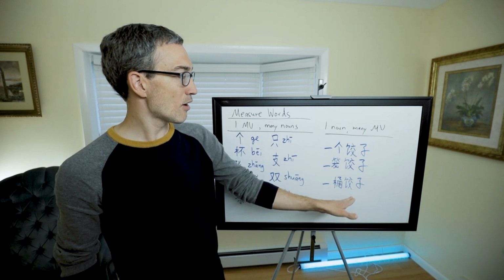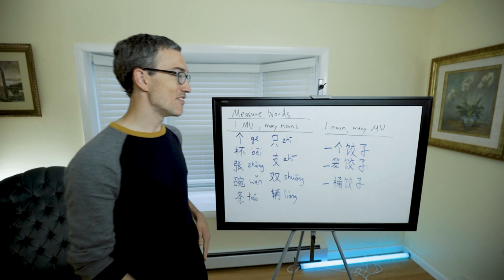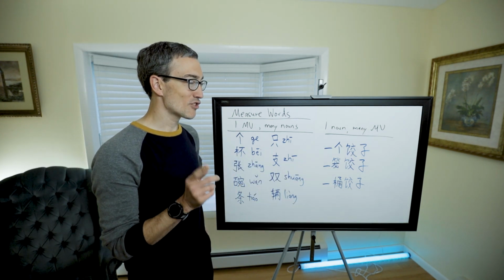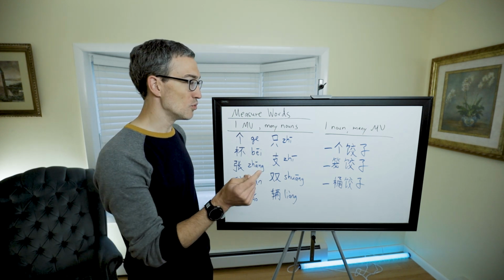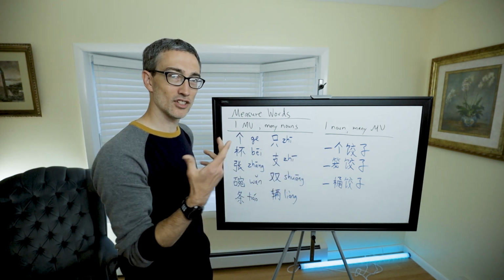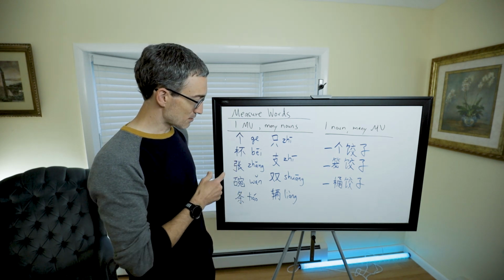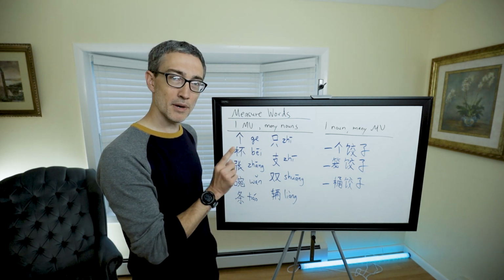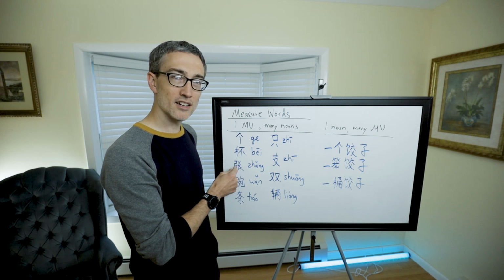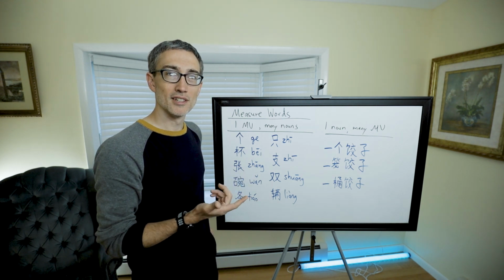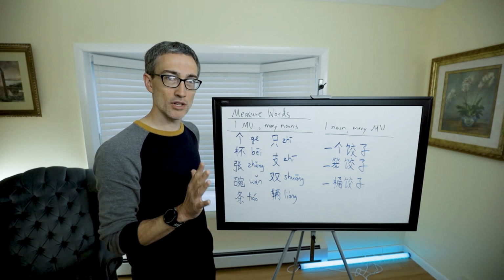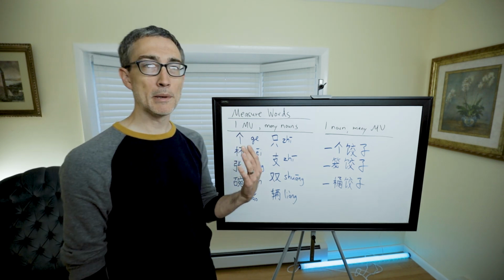So you have the same noun but counted in different ways, and this is where you can get in trouble if you always use 个 and not the correct measure word. Sometimes if you want to say 一个照片, one picture, instead of 张, you'll get away with it. It won't sound like perfect Chinese, but it's totally understandable, and even Chinese people do that sometimes.